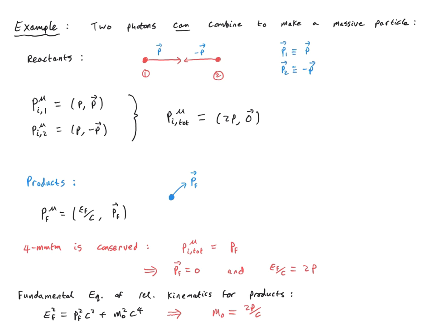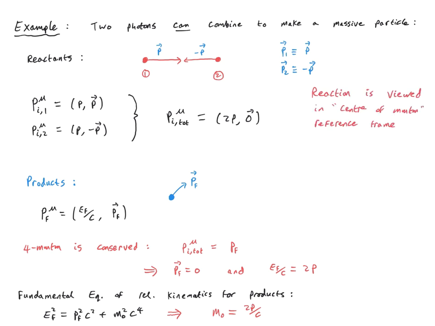Now, you might be a little concerned that this is a very specific kind of reaction in which we have a head-on collision between our two photons here. But actually, this reaction can be viewed in any reference frame, and in particular, the reference frame that we've adopted here is the so-called center of momentum frame.